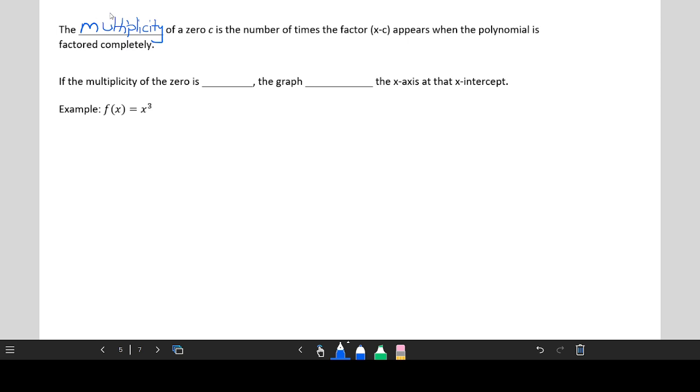So the multiplicity of a 0 is just the number of times that this factor appears when we factored the polynomial completely. So every 0, I'm using C here to represent the 0. So those are the numbers, like what we just found, that make the function value 0. If this number C is a 0, you're going to see this factor x minus C in the factorization.